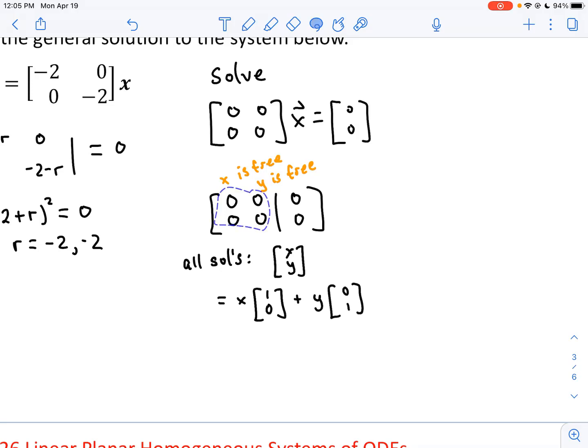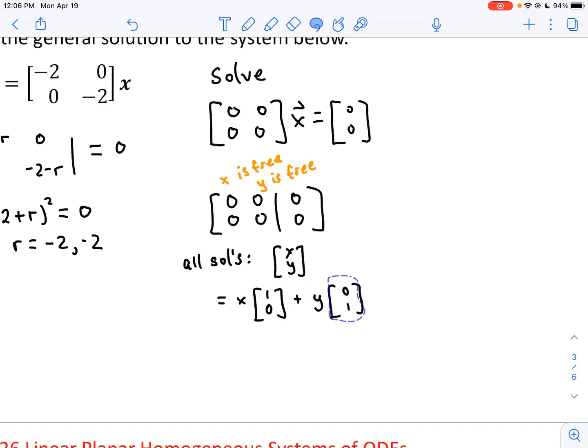The fact that we have two free variables when I used this eigenvalue negative 2, and negative 2 was repeated twice, so the multiplicity of negative 2 is 2, and we also got the same number of free variables, indicates that when you take your general solution and break it apart this way, here's a component involving the first free variable, and here is a component involving the second free variable.